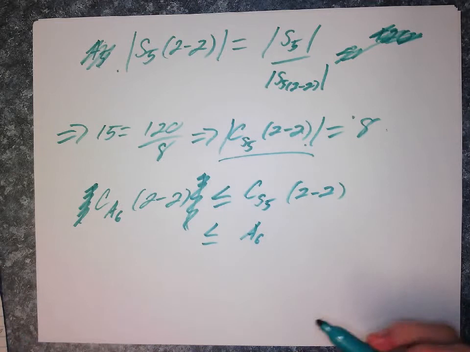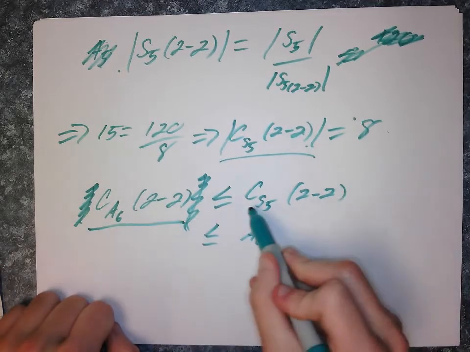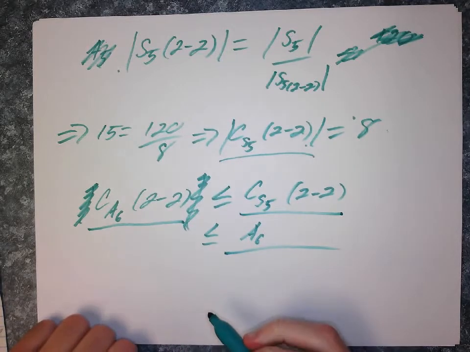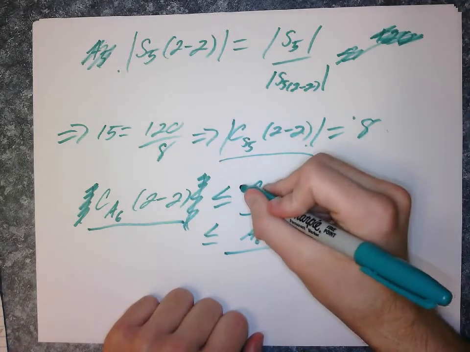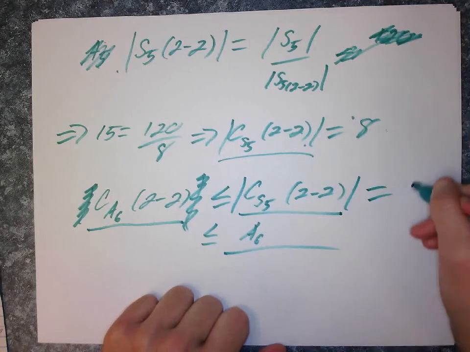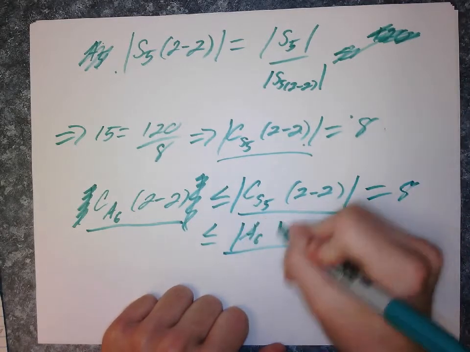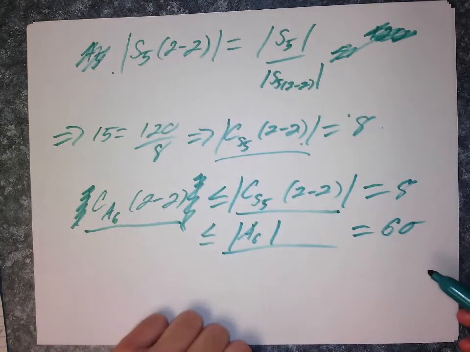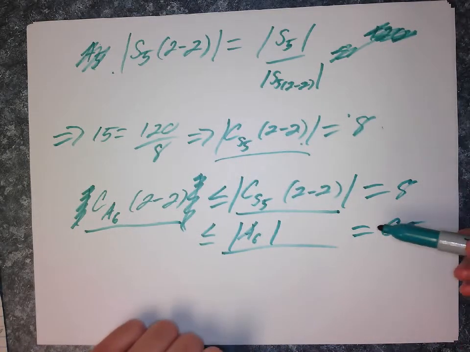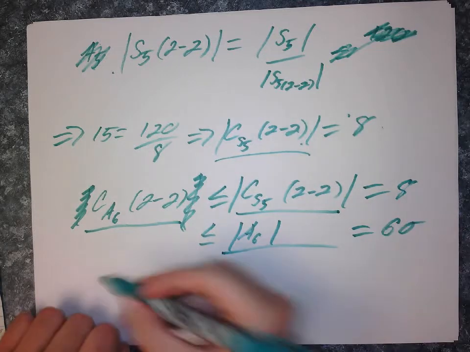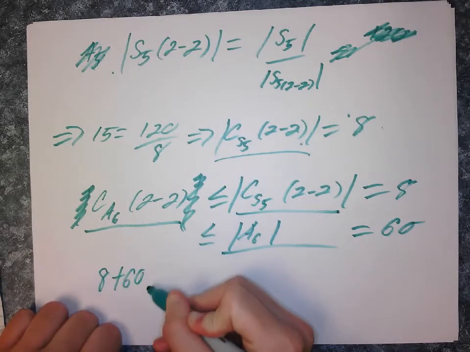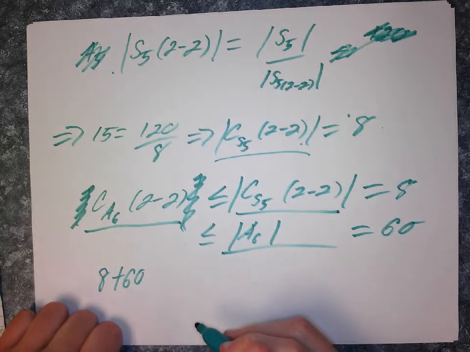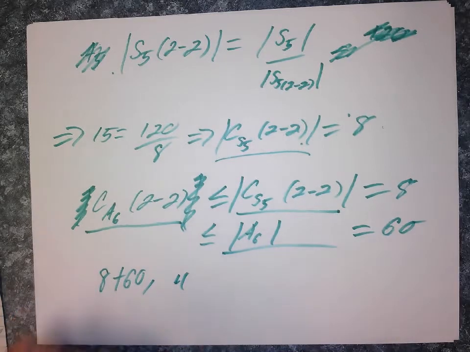And so, by Lagrange, the order of this has to divide both the order of this and this. And so the order of this we know is 8, and the order of this is 60. Well, what numbers divide both 8 and 60? Well, first of all, it's got to be 8 or less. But 8 does not divide 60. So, what else? Well, the next number that would work that divides them both would be 4.